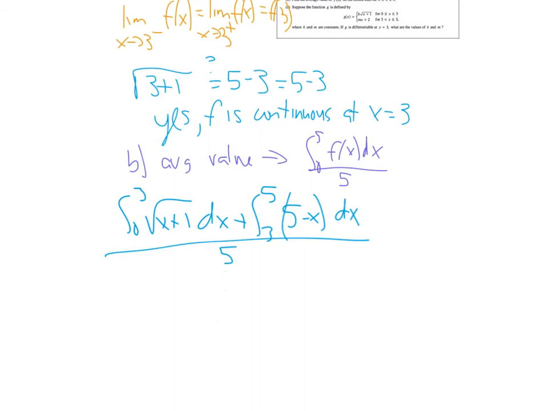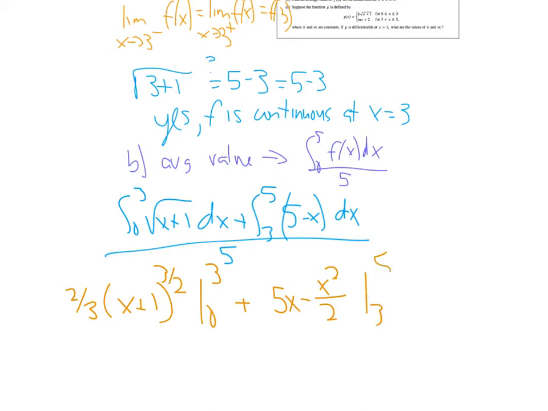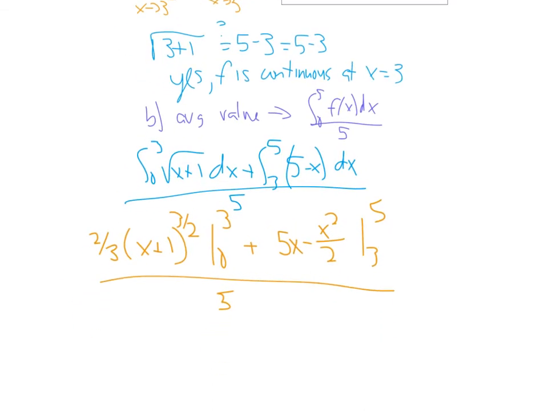So the antiderivative of square root of x plus 1 is 2/3 times x plus 1 to the 3 halves, from 0 to 3. 5 minus x is going to be 5x minus x squared over 2 from 3 to 5, all over 5. And then we're going to plug in.